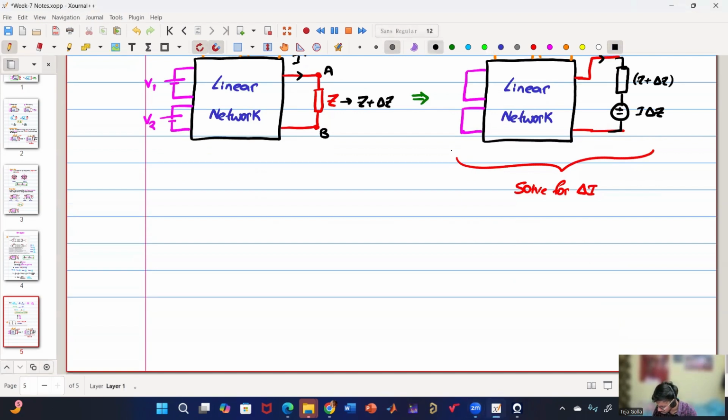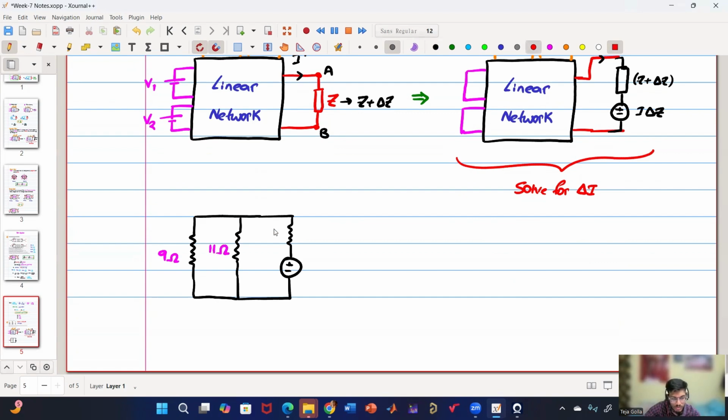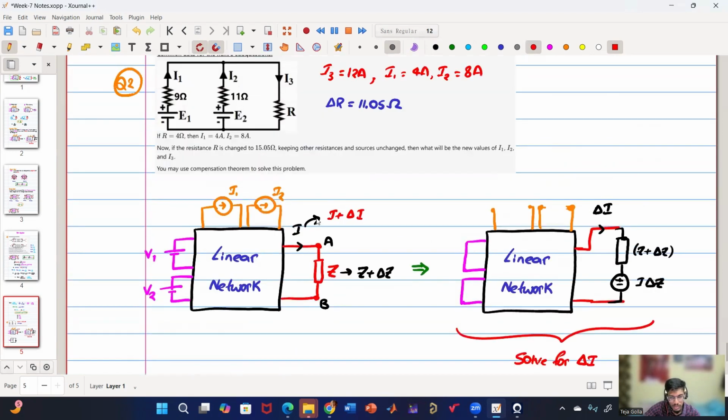So now the circuit that we have to solve has 9 ohm, 11 ohm. But here we have one resistance plus one voltage source. This is 9 ohm. This is 11 ohm. So what will be the value of this resistance? Anyone from the given data? 15.05.